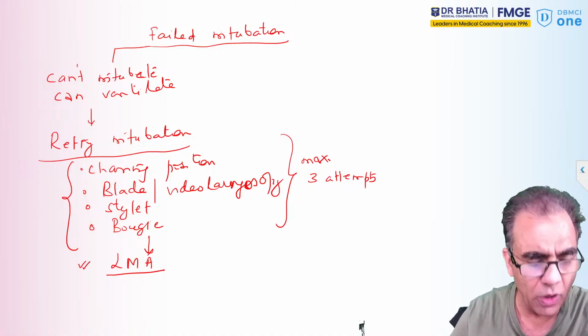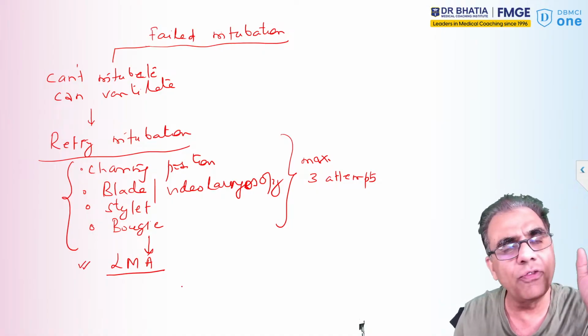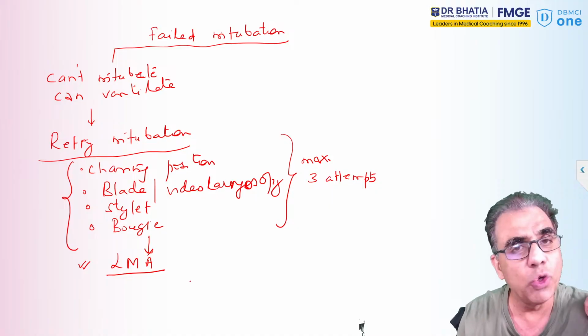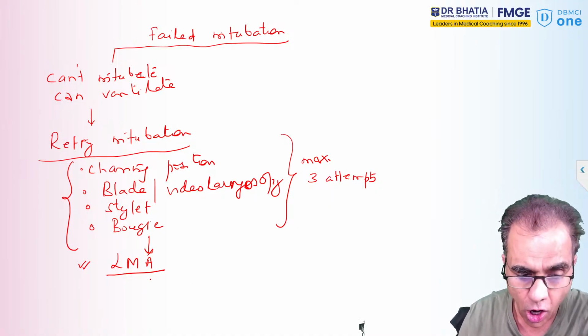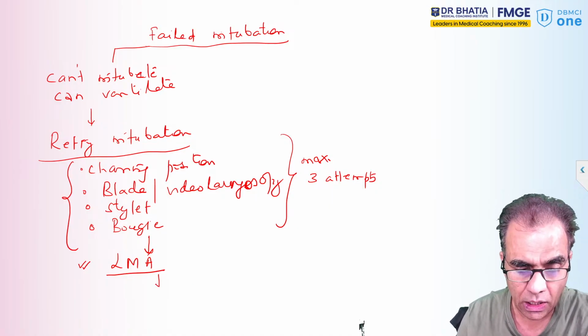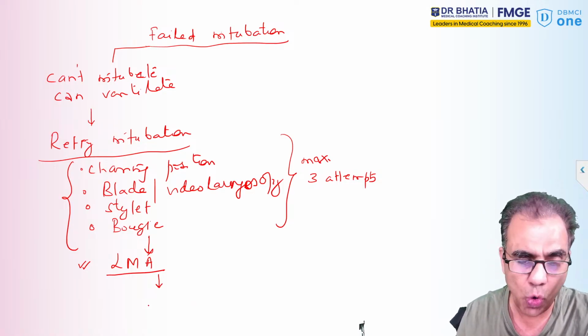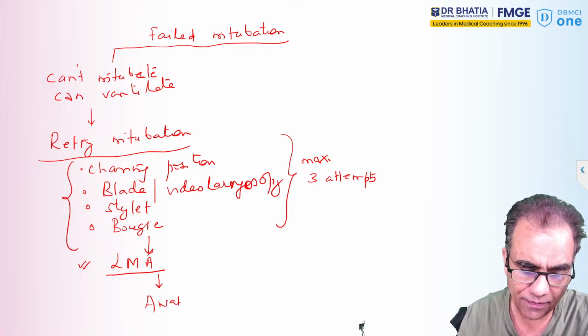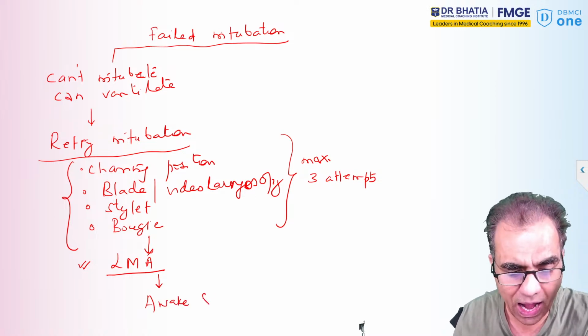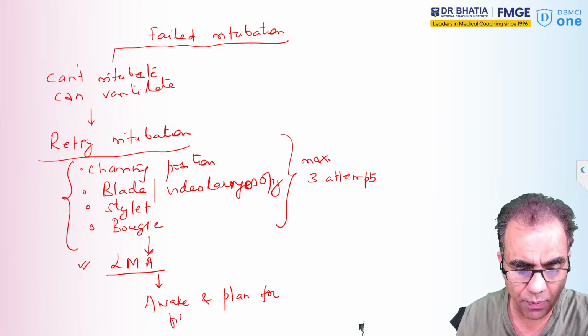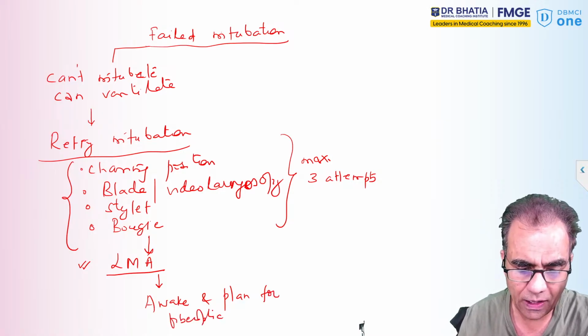You can try doing the surgery with LMA if it is possible, fitting the LMA nicely. Or even if that is not fitting, if you are failing, then you have to awaken the patient and plan for fibre-optic intubation.